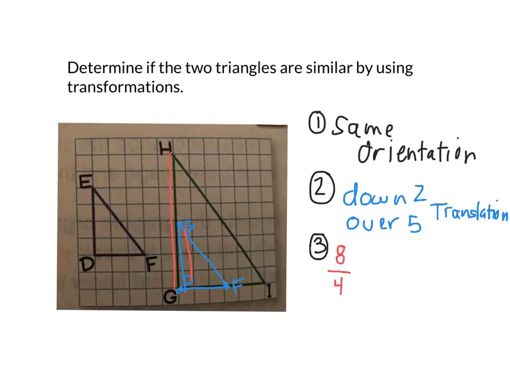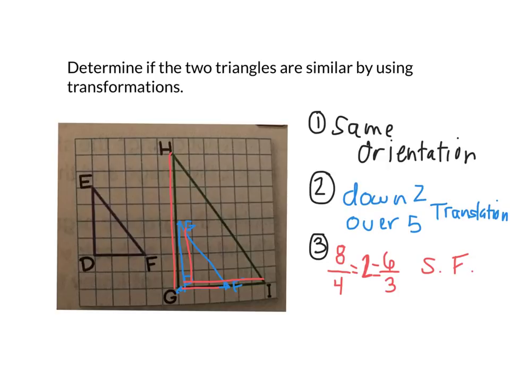Then I'm going to look at these two sides as well. I have GI, which is 6 units long, and I have DF, which is 3 units long. So again, I'm going to reduce these fractions down and find a common scale factor, and the scale factor is going to be 2.